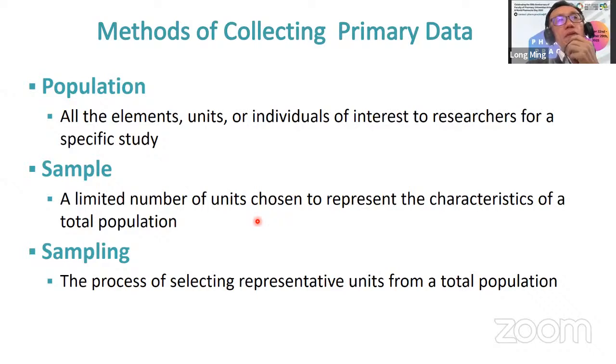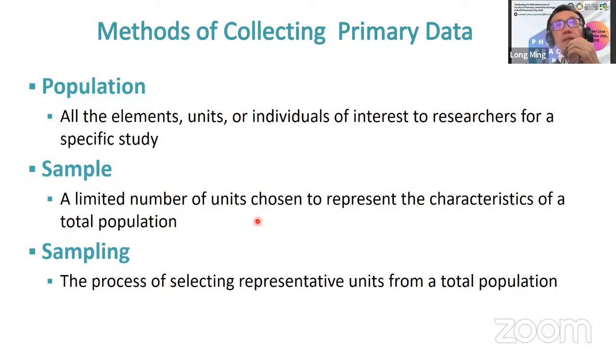For example, if you want to conduct a study looking at the prevalence of type 2 diabetes in the Indonesian population, the whole Indonesian population, including those in Surabaya, Sulawesi, Java, Kalimantan, and Sumatra, will be considered as the population.